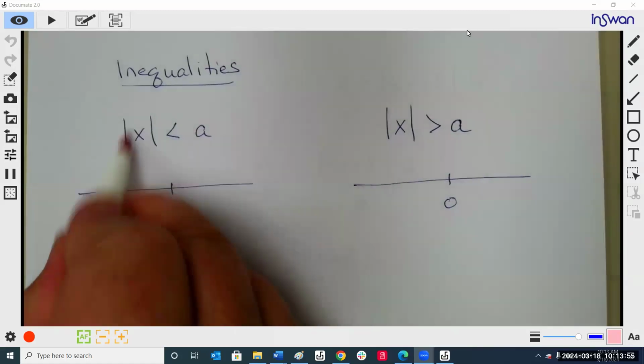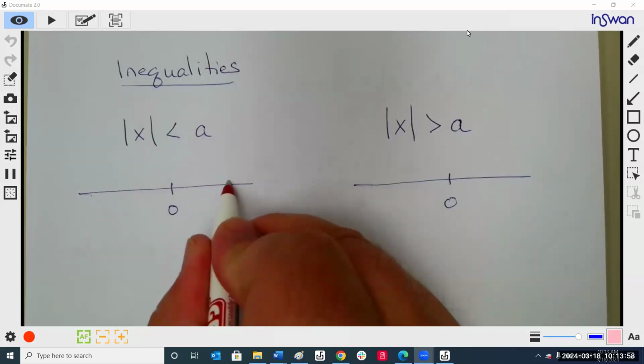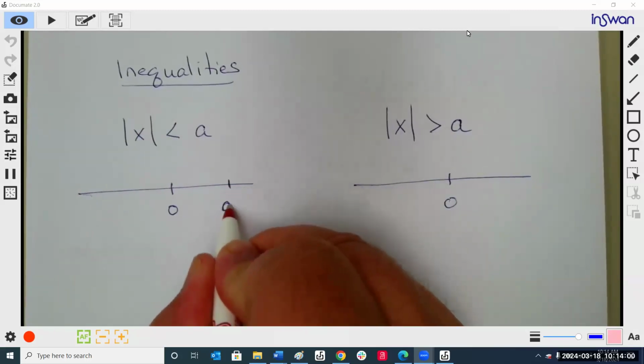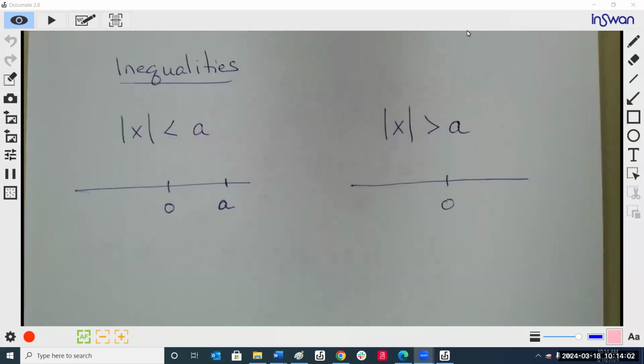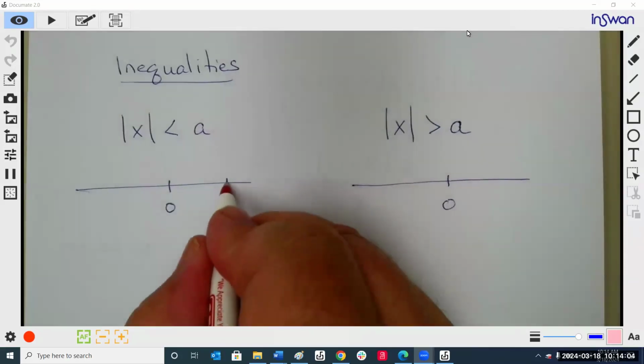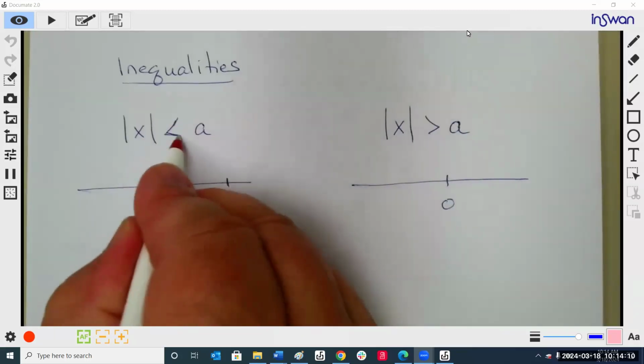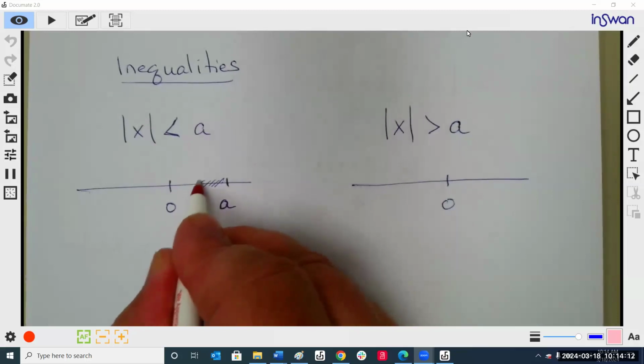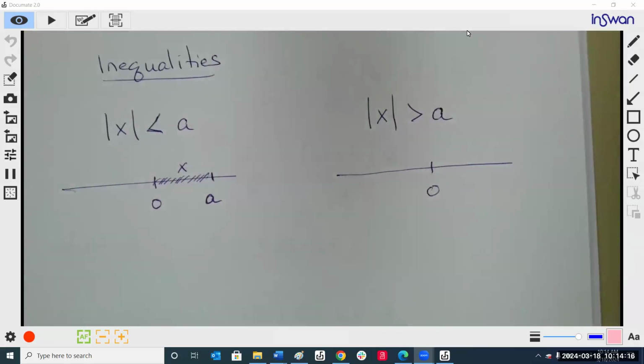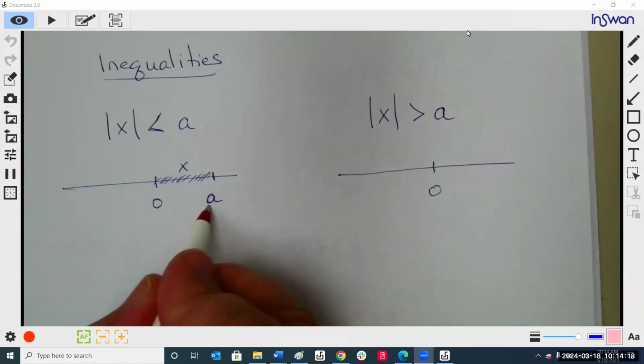All right. So absolute value of x is less than a. So that means there's an a out here somewhere. And the x's, remember, absolute value is the distance from 0 to the number. So we're saying it's less than a. So these are all my x's. It goes from a to 0.